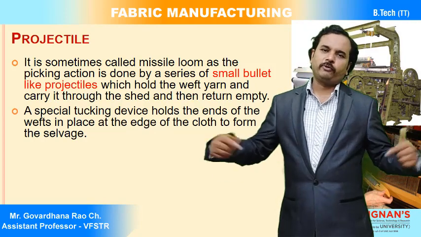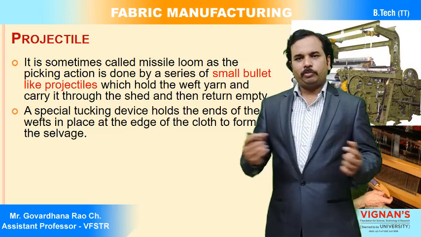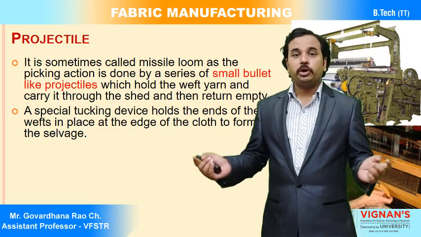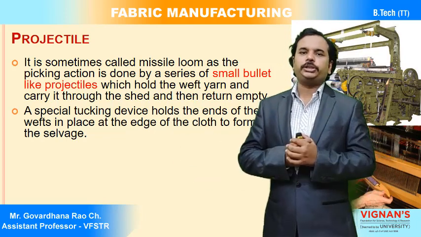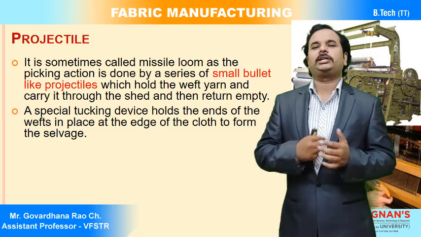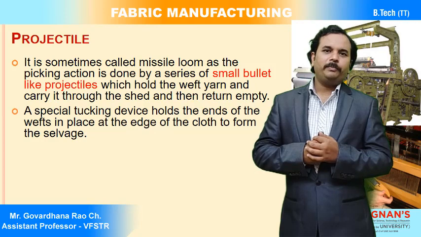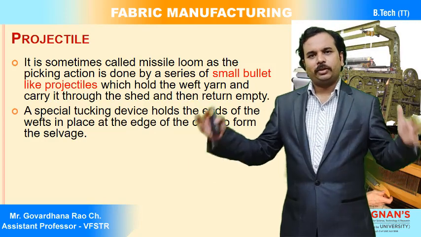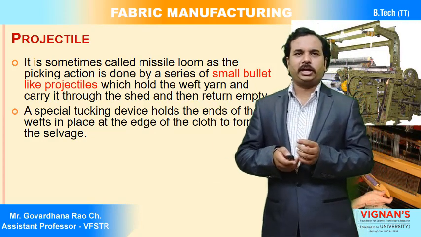The edges of the weft yarn are folded into the new shed after the new shed opening, so that they interlace again. So you get a closed type of selvage at the ends.